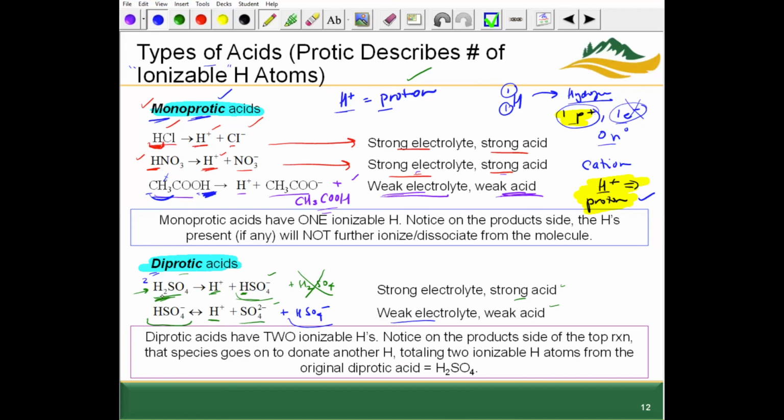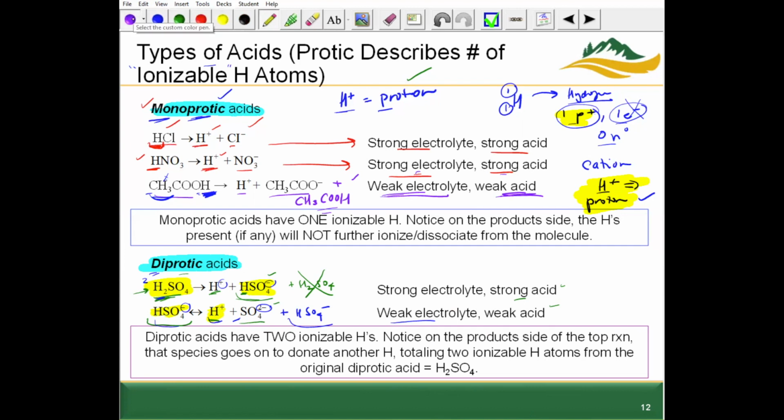Also notice whenever an H plus is dissociated, we have the other counter ion be a 1 minus. So here's HSO4 minus. When this dissociates into another proton, this charge becomes 2 minus now, because now 2 protons are missing. The diprotic acid here is the fully intact H2SO4. This is a version of H2SO4, but it only has one more ionizable proton remaining.